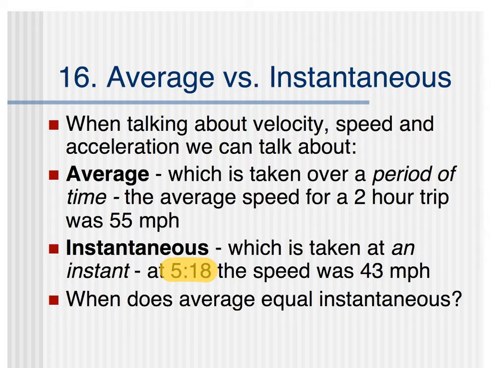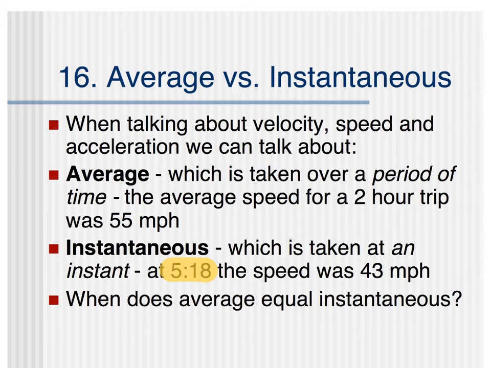Your average and your instantaneous are not always going to be the same because, right, if you're driving from here to Harrisburg, maybe for a while you're going 65 miles per hour, and then there's construction. You have to slow down to 40 miles per hour, and then you have to go to the bathroom, so you stop at a rest stop, and you're not moving at all. So the average speed is over a period of time, but the actual speed at any given instant, the instantaneous speeds during that period of time, may vary.